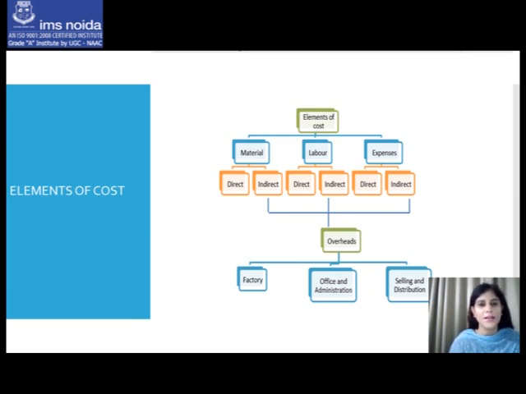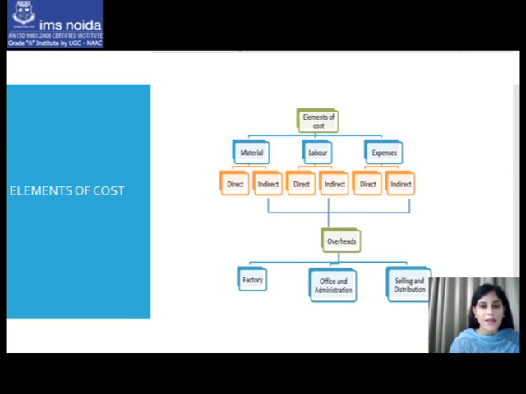Labor can be classified into direct labor cost and indirect labor cost. Expenses can further be classified into direct expenses and indirect expenses. When we combine all the indirect parts of material, labor and expenses, we get an aggregate of overheads.